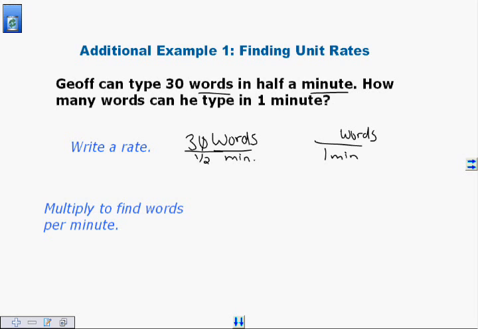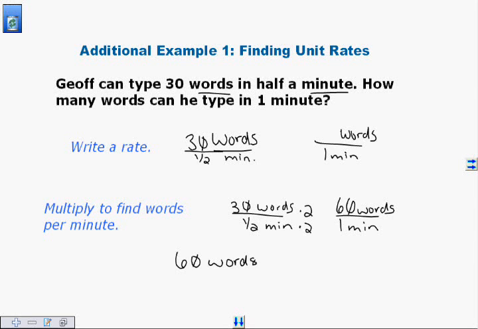So let's multiply to find the words per minute. If you start out with 30 words in half a minute, how could you get that half a minute to 1 minute? You would multiply by 2. And we end up with 60 words per minute. I do want you to write this out in sentence form because there's tons of different ways that you can see it, so there's tons of different ways I want you to write it.